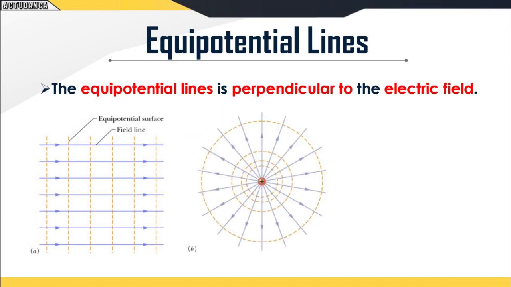Now, we have a positive point charge. And in this point charge, nag-emanate siya ng electric field lines radiating outward. Since ang ating electric field lines ay radiating outward, hanapin ulit natin ang perpendicular component to draw the equipotential line.